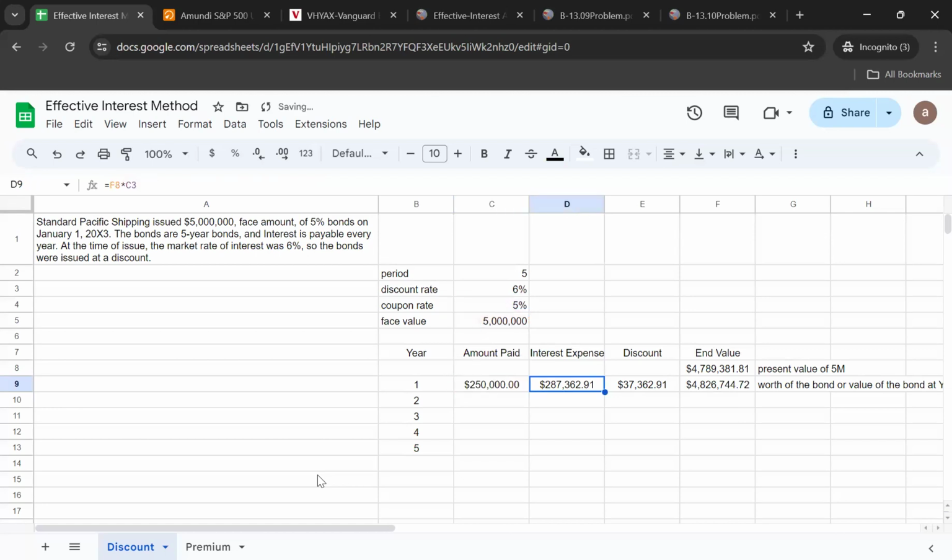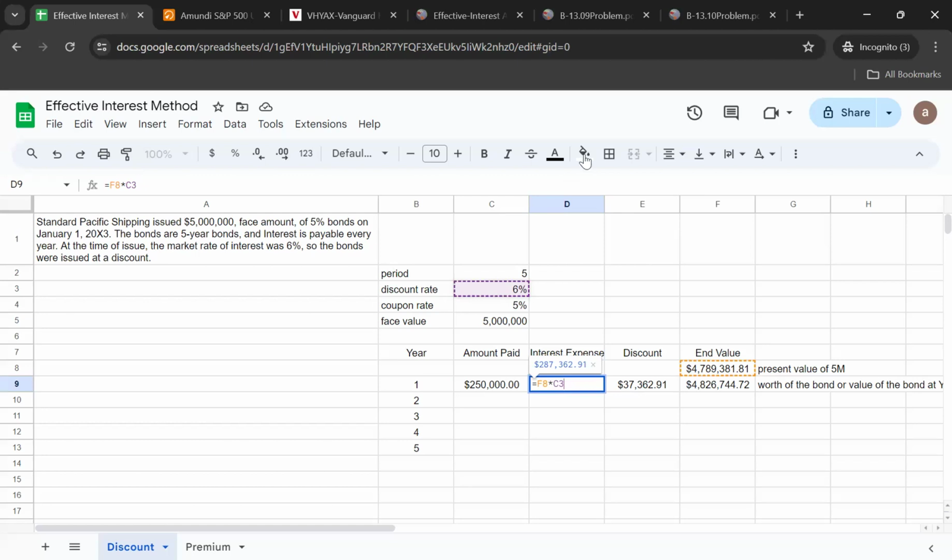This number is going to be fixed, and in this case the 6% is going to be fixed. And then this number would also update automatically.